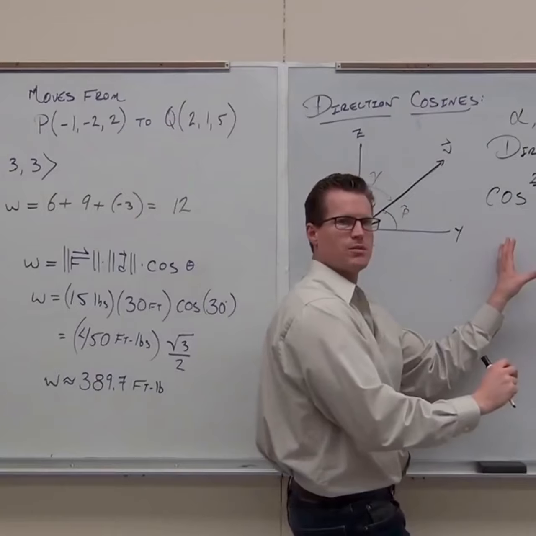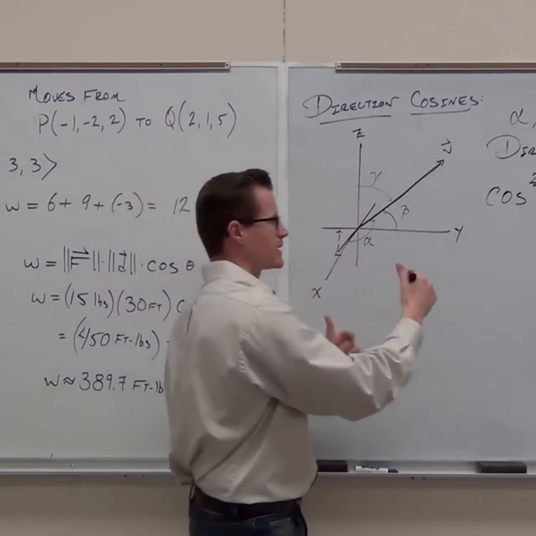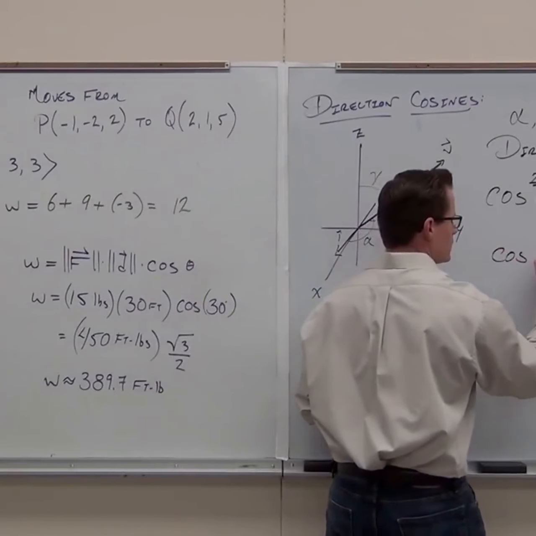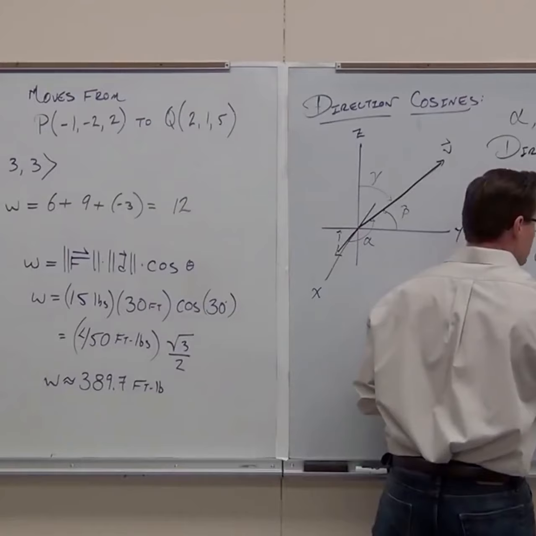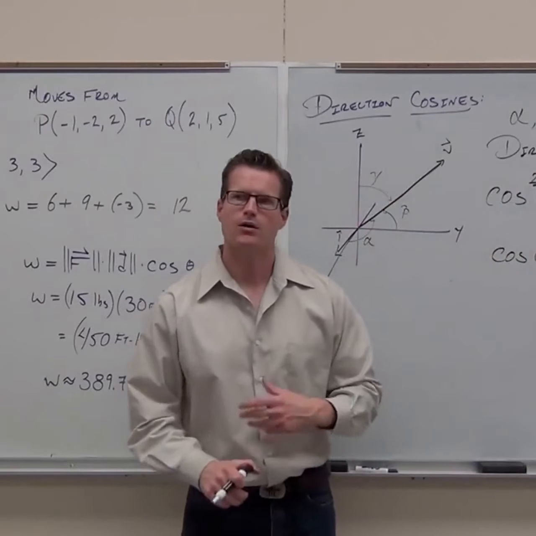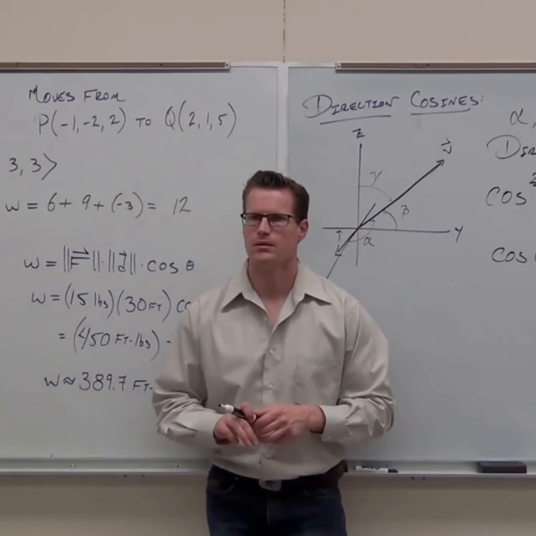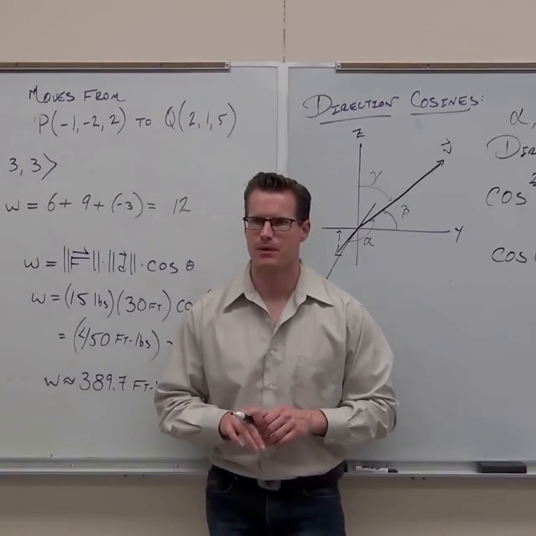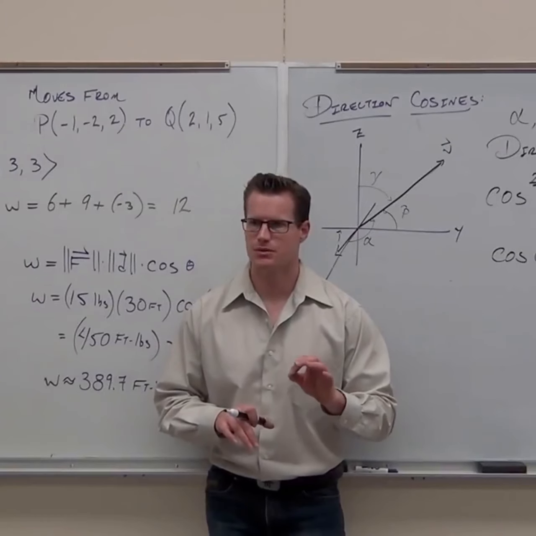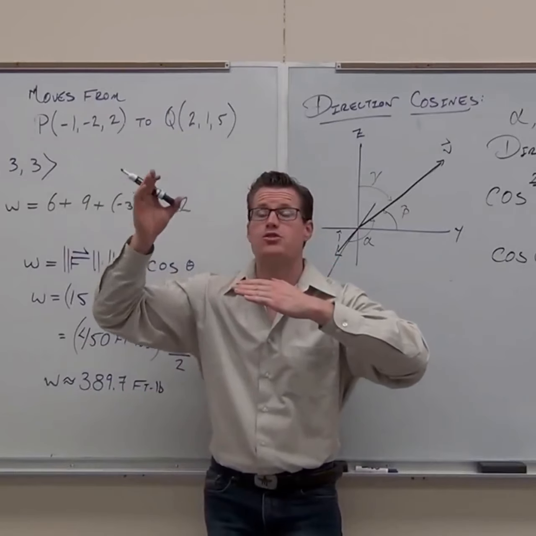Here's what we just learned about cosine alpha, the angle that the vector makes with the x-axis. Cosine alpha equals V1 over the magnitude of V. Please stop what you're doing and just listen for 5 seconds. This should make absolute sense by the logic of the cone and what a right triangle does.